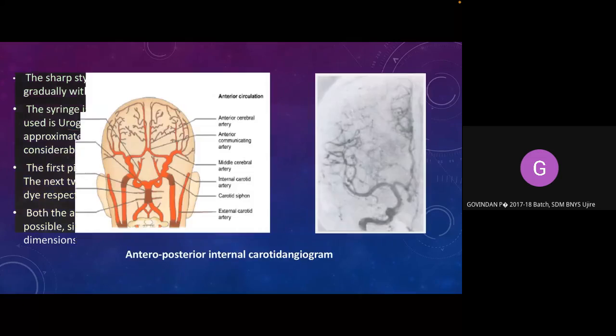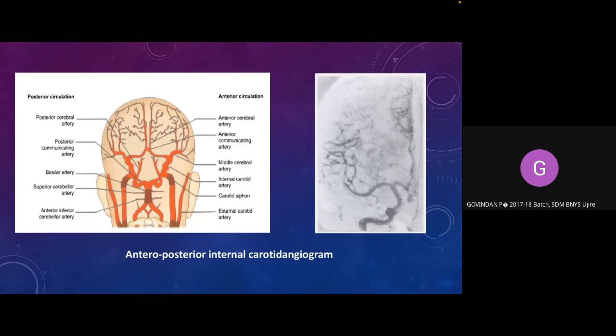Here we have the anteroposterior carotid angiogram, where you have the external and internal carotid arteries shown, splitting into the posterior and anterior communicating arteries, and thus forming the circle of Willis. The circle of Willis is the main blood supply of the brain. Usually you will have a berry aneurysm here.